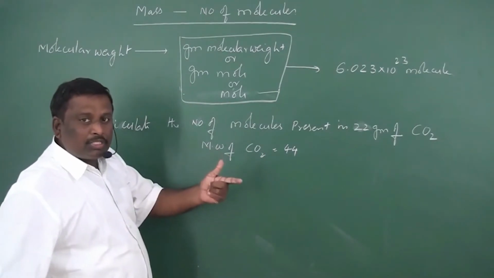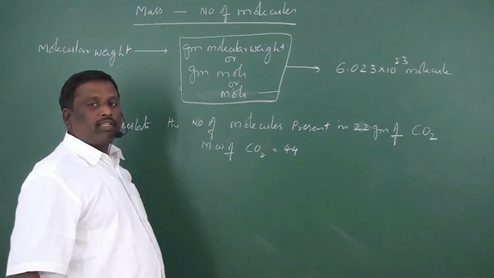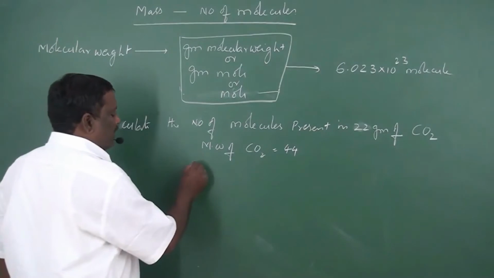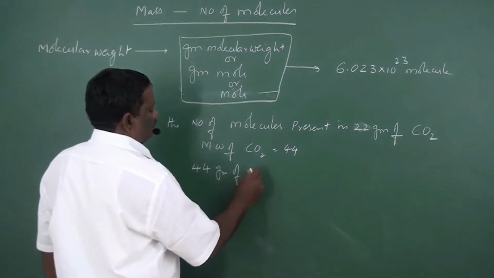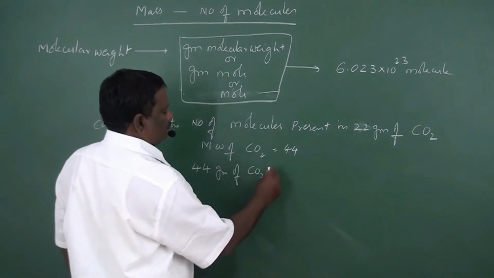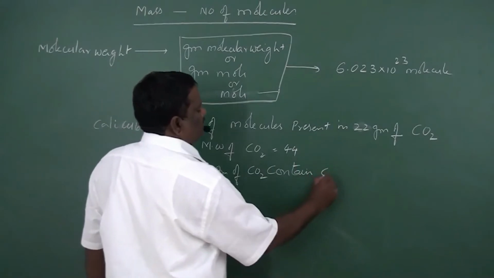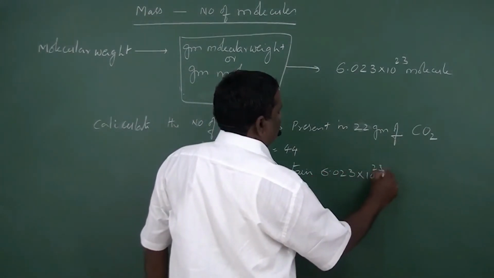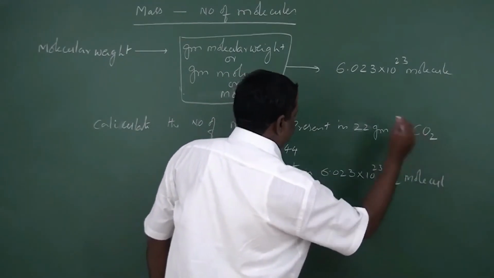And 1 mole of that substance contains 6.023 into 10 to the power 23 molecules. So 44 grams of CO2 contains 6.023 into 10 to the power 23 CO2 molecules.